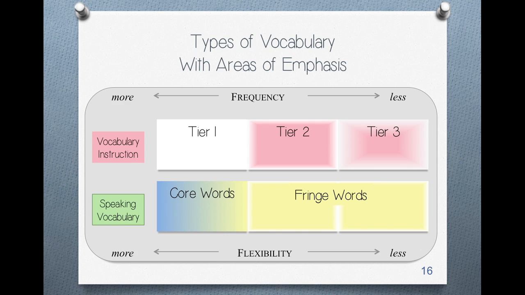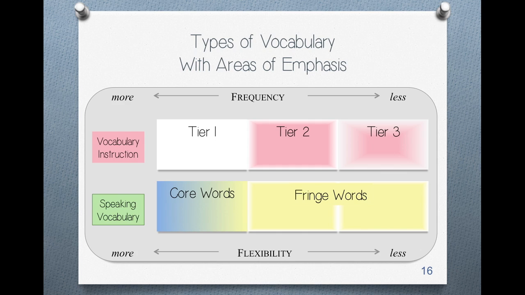So here we see our 3 tiers at the top, and then we see our core and fringe at the bottom. But now we've got them both on the same background of frequency and flexibility. Part of the reason that I did that was to show that even though they're different classification systems, one referencing more academic vocabulary and the other referencing spoken vocabulary, we're still talking about the same set of words.